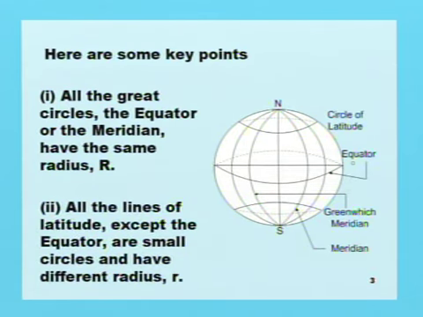Notice the diagram on the right. You have the North Pole, the South Pole, the Greenwich Meridian, the equator, and at the top you see a circle of latitude, and there are many such circles on the globe.